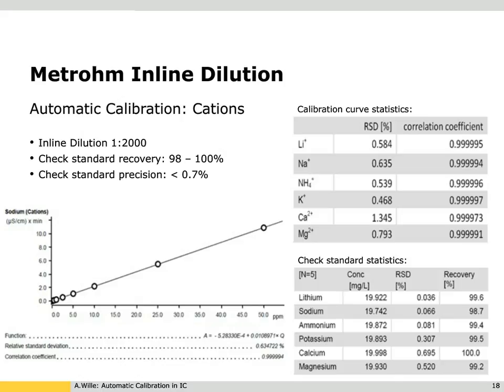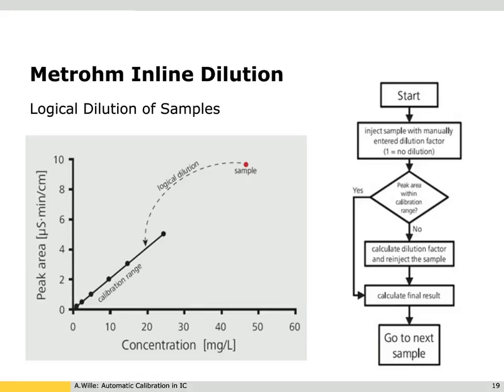We can use the inline dilution technique also for samples. And that has a big advantage. We can enlarge the calibration range by that. You see here your calibration range in the slide, and if you measure a sample, the peak areas are compared with the standard peak areas.